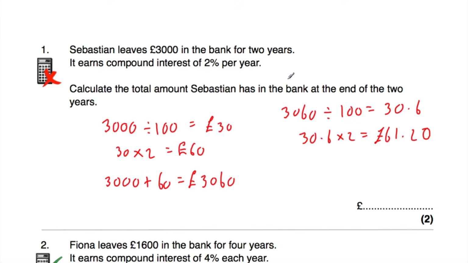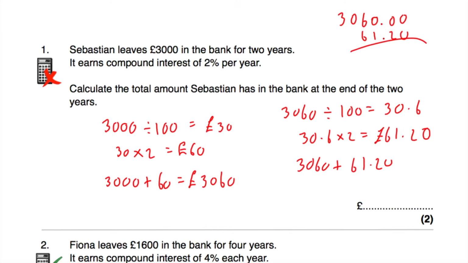So if we want to work out the total amount of money Sebastian has after the second year, we now just need to add this interest on to the £3,060. So we do £3,060 plus £61.20. Just line them up. It's very important with questions like this that you're very careful with your method.